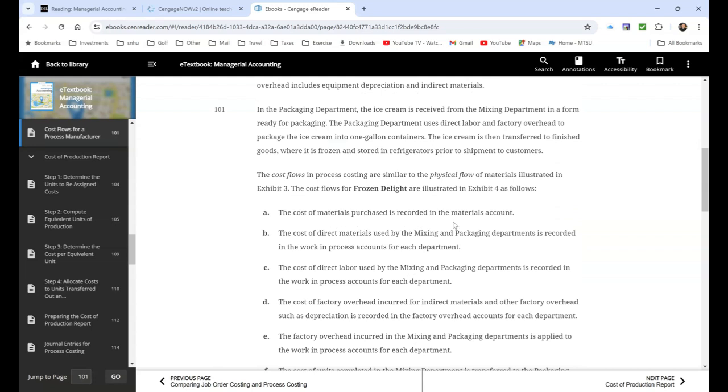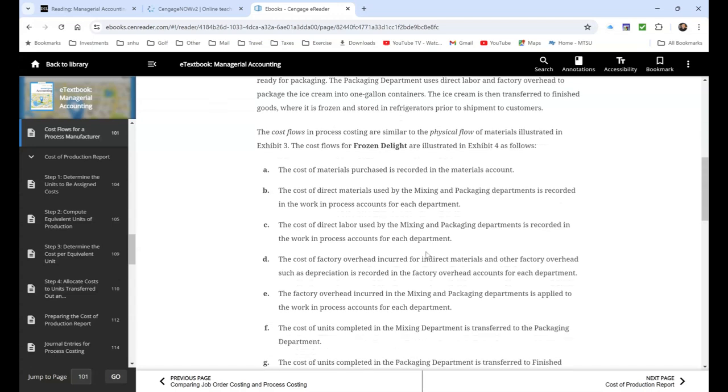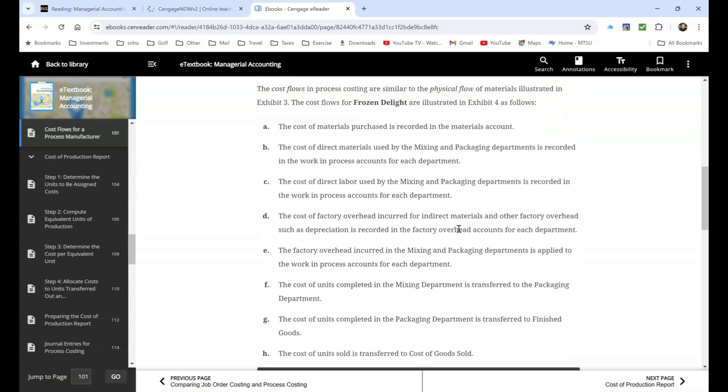So the cost of materials purchased is recorded in the materials account. Cost of direct materials is recorded in the work in process account for each department. Cost of direct labor used by mixing and packaging is recorded in the work in process accounts for each department. Cost of factory overhead incurred for indirect materials and other factory overhead is recorded in the factory overhead account, which again we're going to allocate.